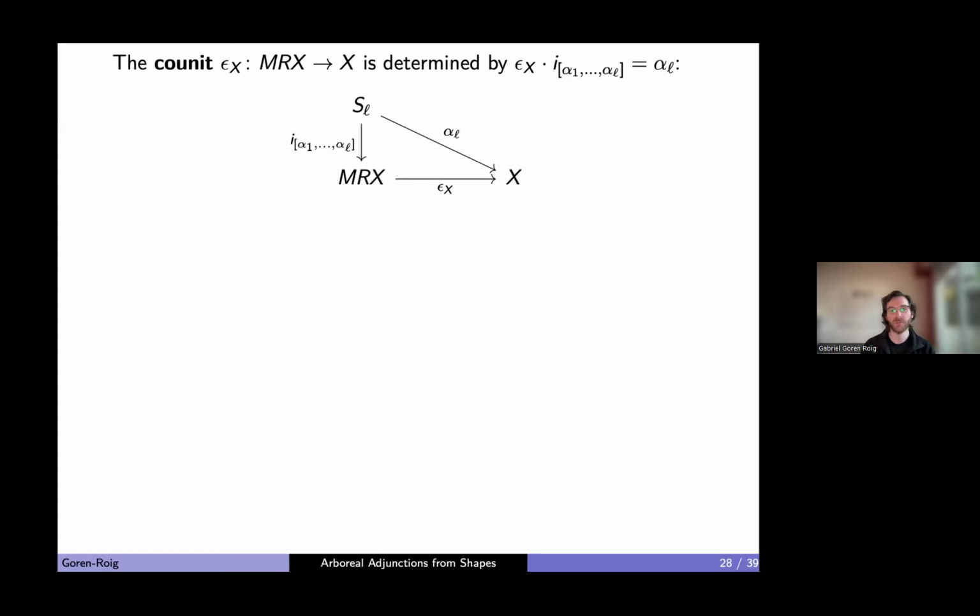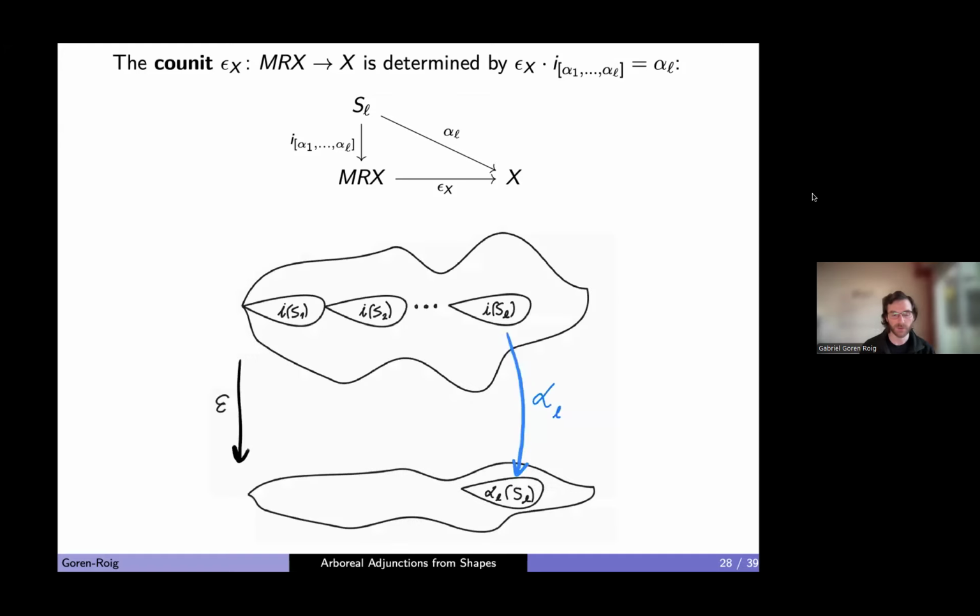So the co-unit is mapping out of a co-limit. So you define it by universal property, and since the co-limit legs have as domains these shapes, then you can just use the last element of the sequence as your cone, so to speak. So this is the picture I have in mind. Hopefully it makes some sense to you.